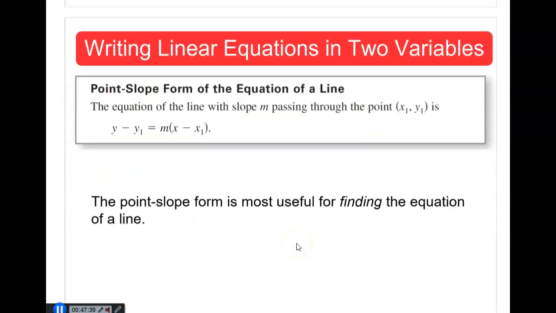Okay, so we have here another slide with the same information. The equation of the line with slope m passing through the point x sub 1, y sub 1 is, when we have it here, x sub 1, y sub 1, and we have the slope. And remember, we must have the variable x and the variable y.